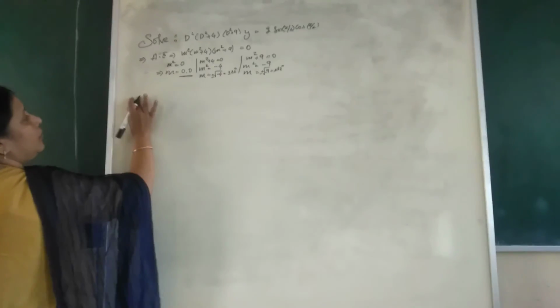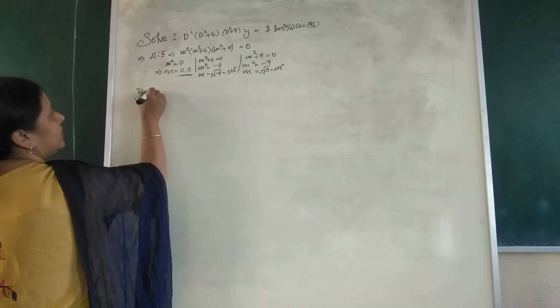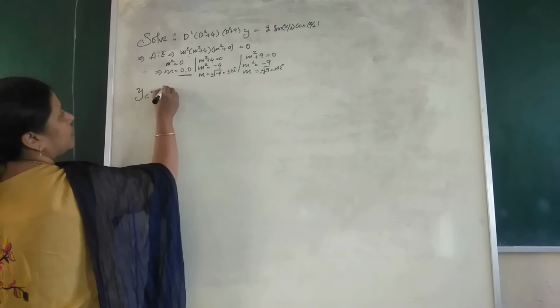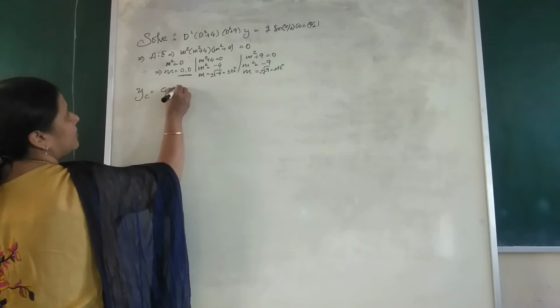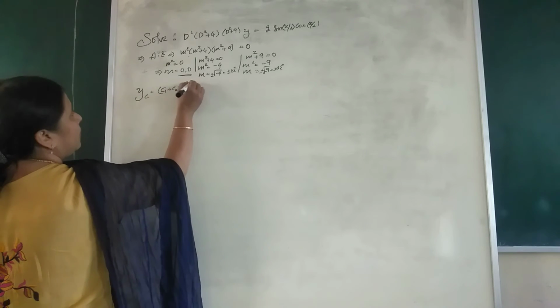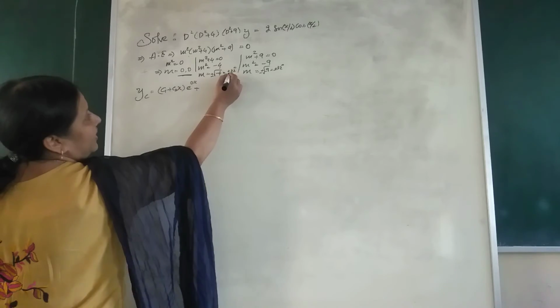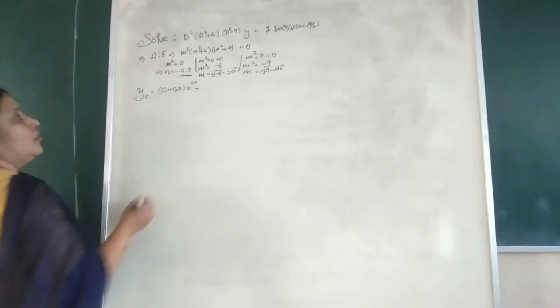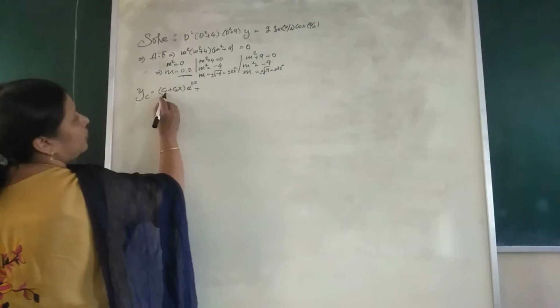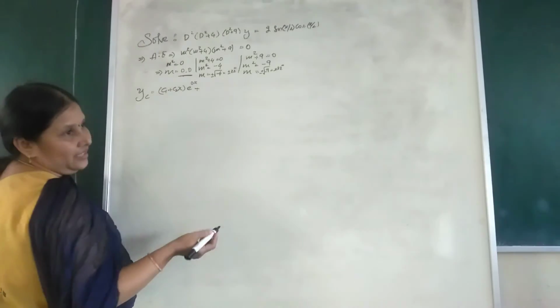Okay, so fine. Now let us write yc in this case. Repeated roots: c1 plus c2x into e raised to 0x, because the value here is 0, plus complex roots without the real term. So we have, I don't take again c1, c2, I will go with c3, c4.